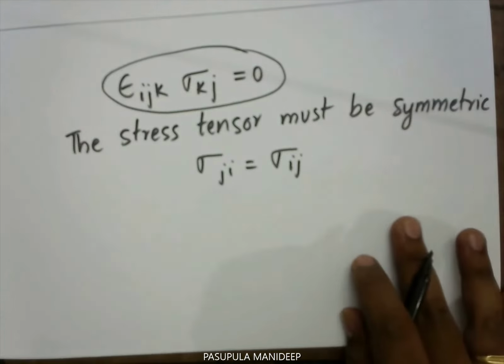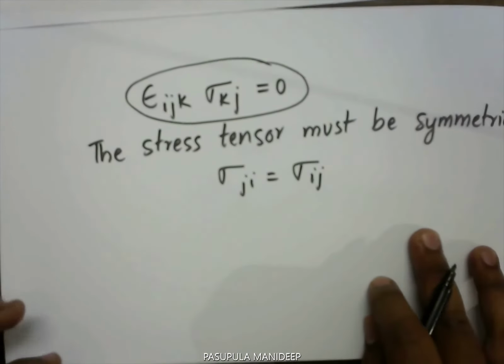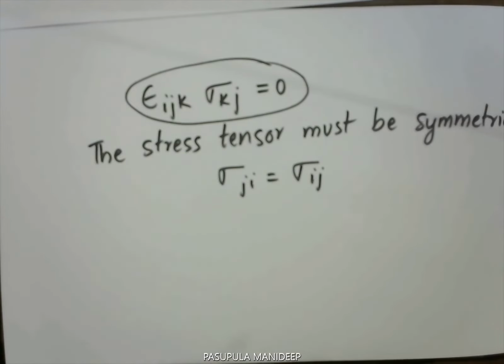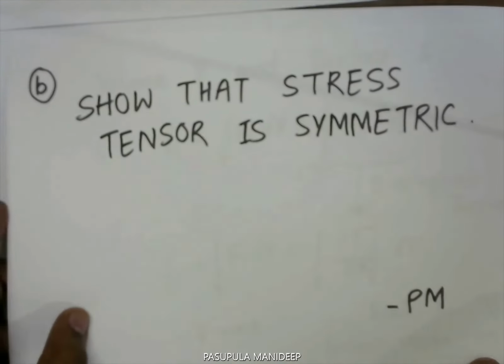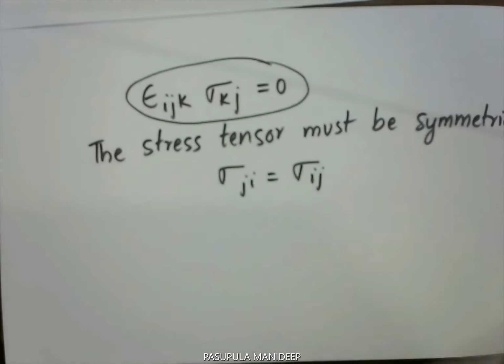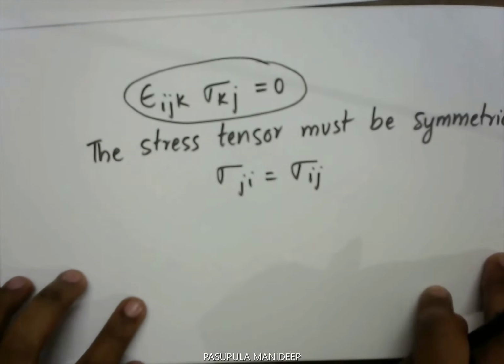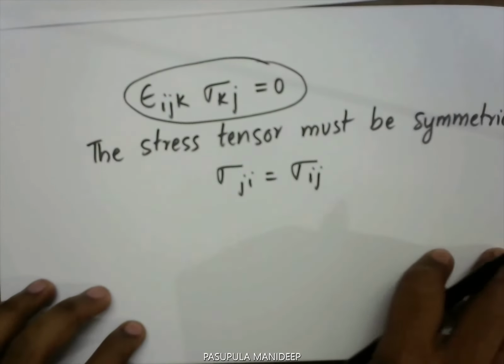Now let us see what we derived. We wanted to show that the stress tensor is symmetric, so we arrived at the condition that the stress tensor must be symmetric in any case. Now let us discuss a few further components.